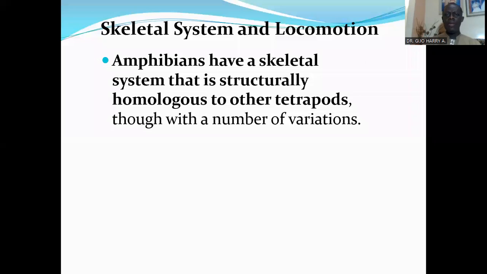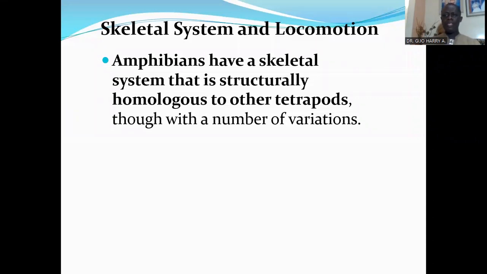The first internal anatomical feature we want to look at is their skeletal system: the skeleton and locomotion of amphibians. Amphibians have a skeletal system that is structurally homologous to other tetrapods, though with a number of variations.